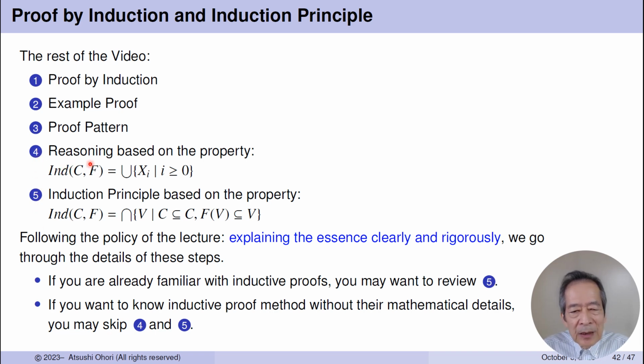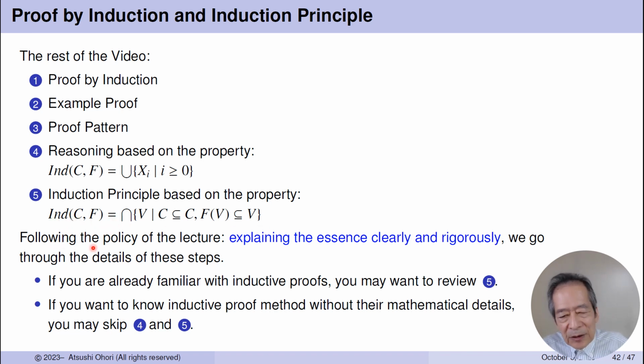First is based on this property, inductive closure as a generation of a set of elements, or a big union of a sequence of sets. And the other one, which is actually the basis of inductive proof, is called the induction principle. This is based on the defining property, the defining equation of this inductive closure.